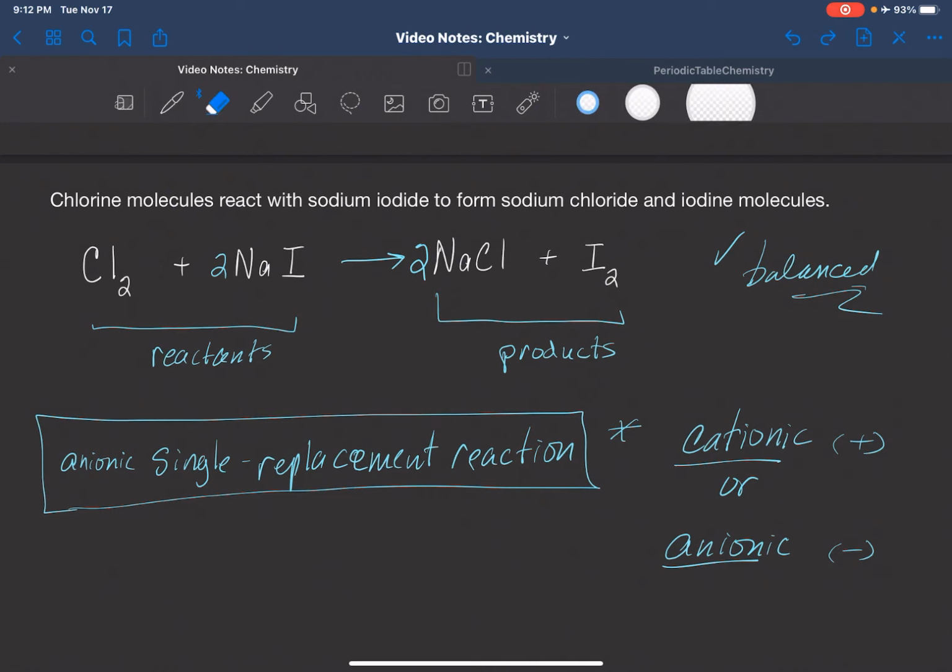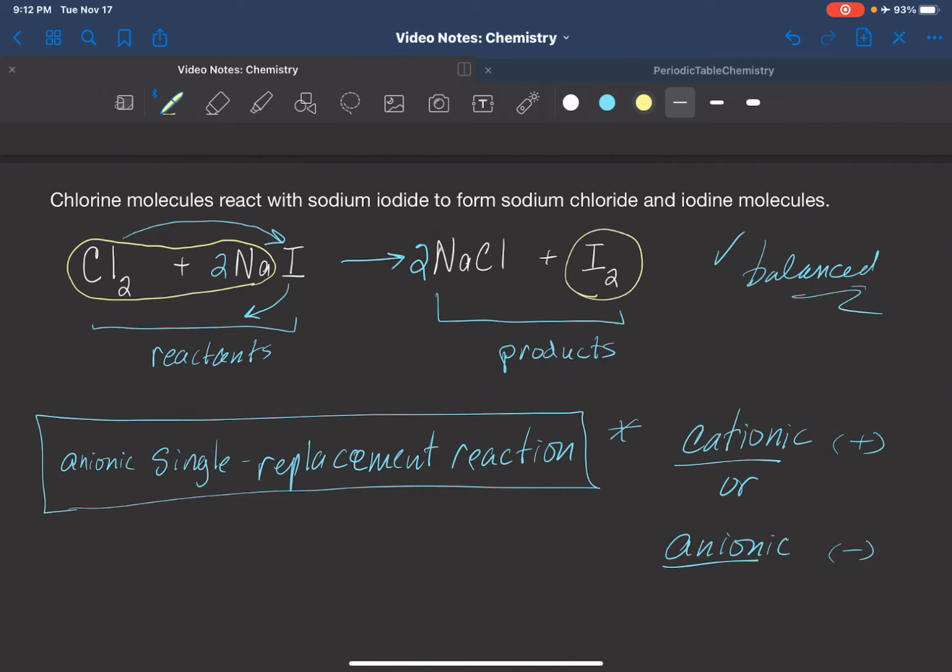The chlorine comes in here, and it kicks out and displaces this iodine and pushes the iodine out. So now, if chlorine is there instead, then sodium and chlorine are combining and interacting together. And then the iodine is by itself, so it has no choice but to combine with itself, which is how we get this over here.